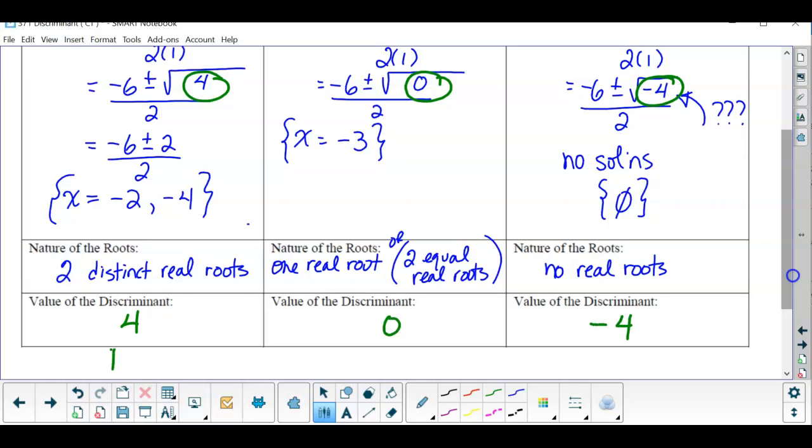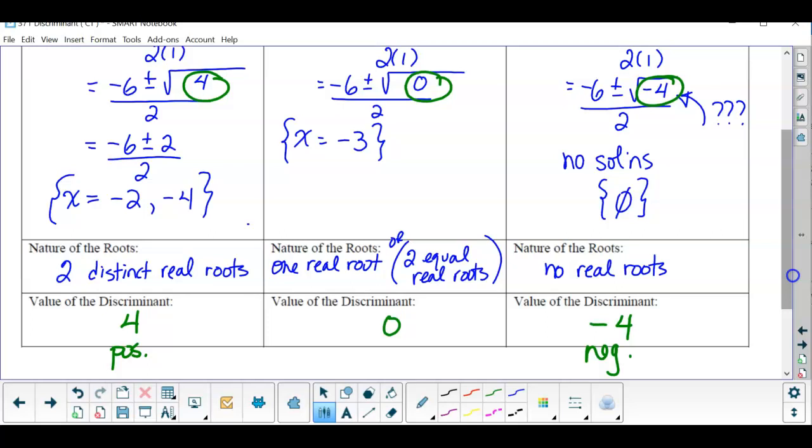Notice how this is positive, this is 0, and this is negative. That's really what's important. Is the discriminant greater than 0? If so, you get two distinct real roots. If it's equal to 0, you get two equal real roots. And if it's negative, you get no real roots. So that's what you have to look at.